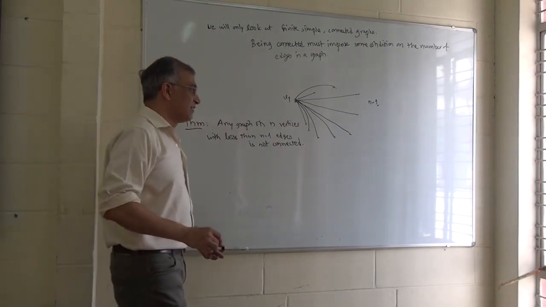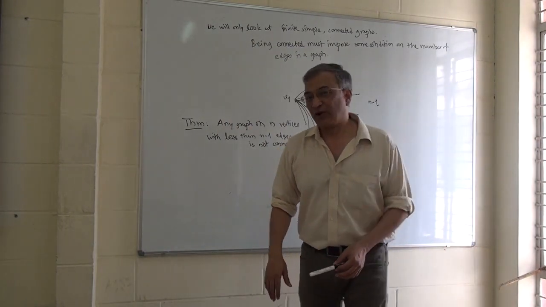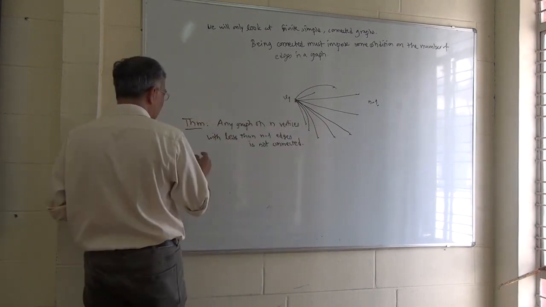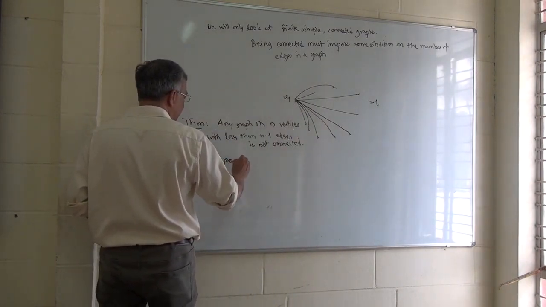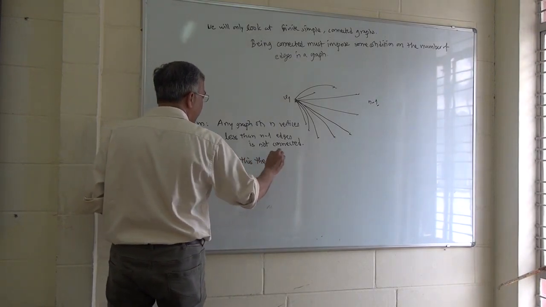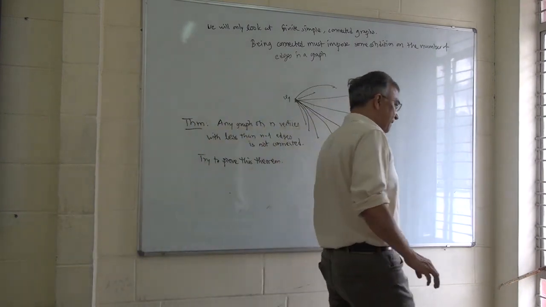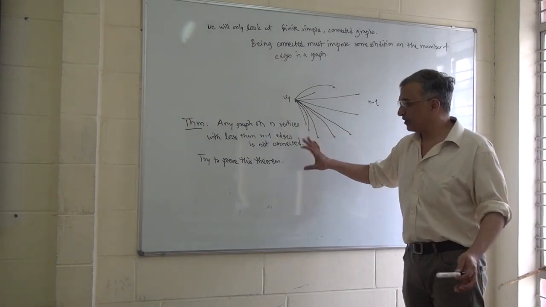Most of the theorems in graph theory are exercises in logic. So I will ask you to prove it using induction. Try to prove it. I am not going to prove this theorem, but this is true.